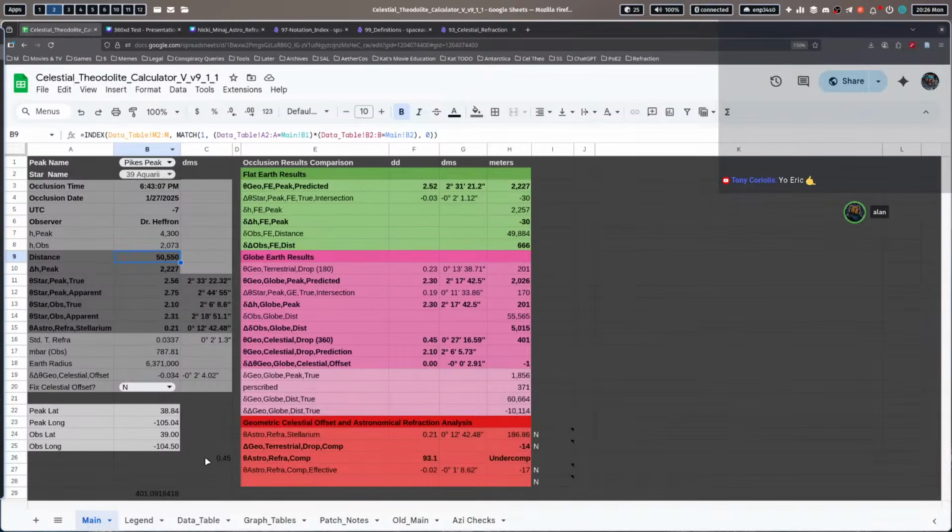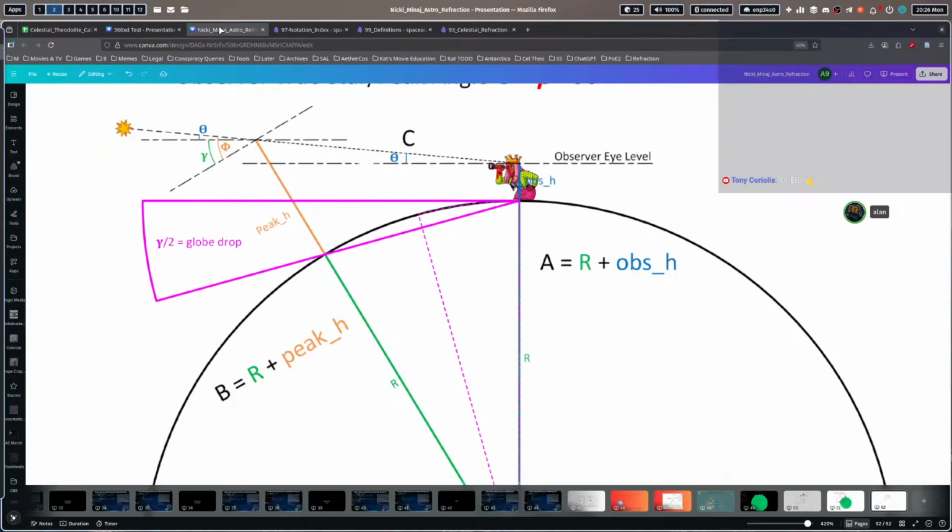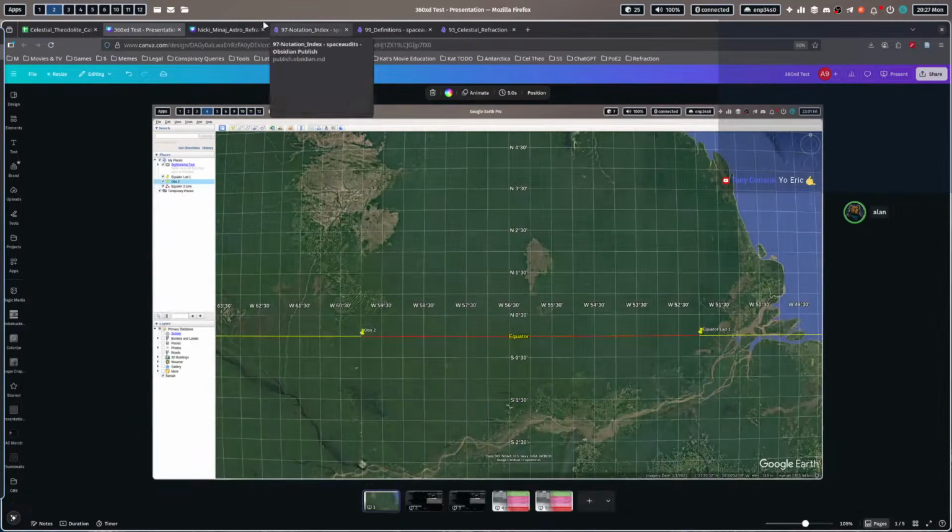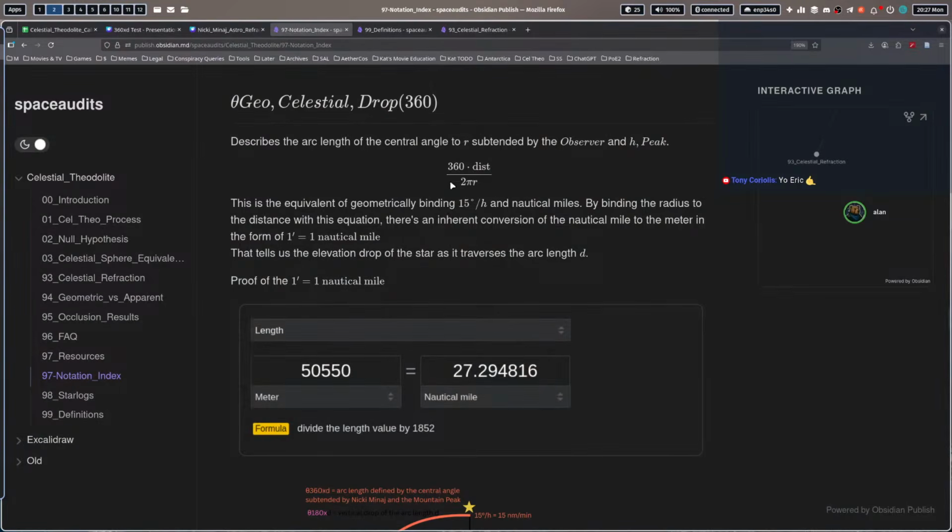And what you could do is subtract the difference between the true position at the peak and the true position at the observer. It comes out to be 45, which when you convert that from decimal degrees to degrees, minutes, seconds, is 27 arc minutes. So that is the rotation of the star in the sky over that arc length.